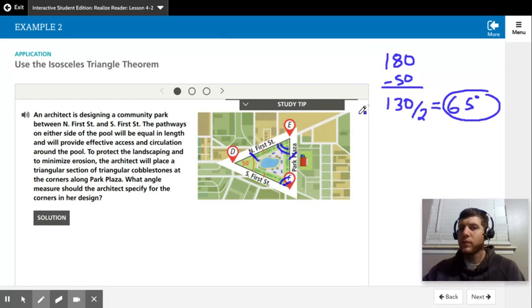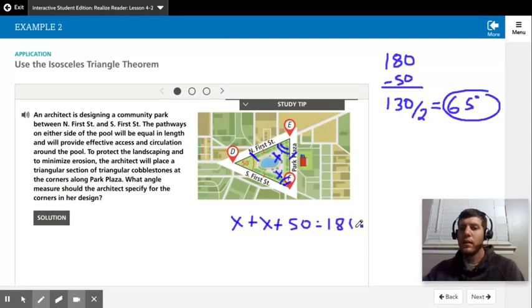If that's a little confusing to you, you can put in an X here. And then if that's X, we can also put an X down for F because they're the same measure. So if one of them's X, the other's also going to be X. And then you can do X plus X plus 50 equals 180.